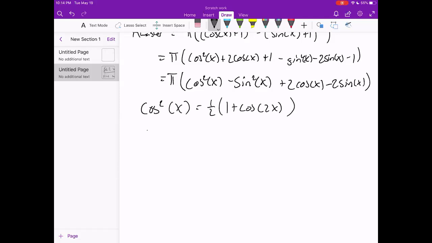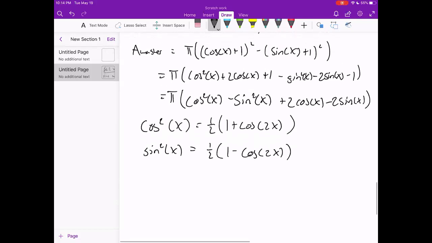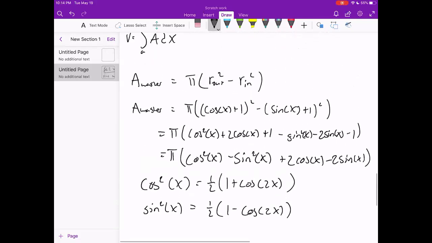And then sine squared of x is 1/2 times 1 minus cosine of 2x. And from there, you can do the integrations. It's not too terrible. It's just, again, that's going to take me way too much time. And that's your guys' job anyways.